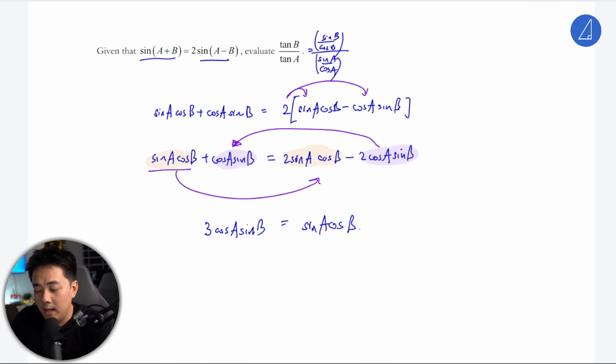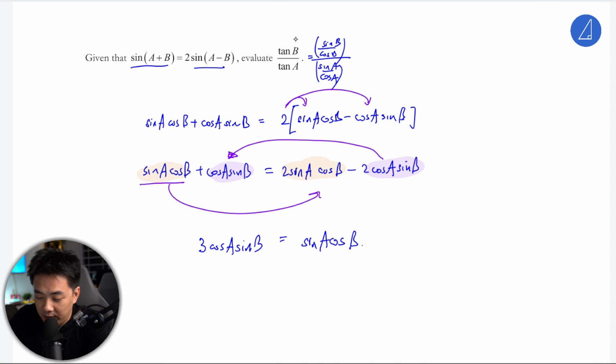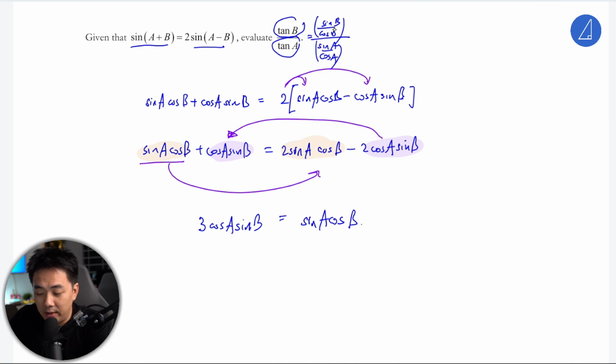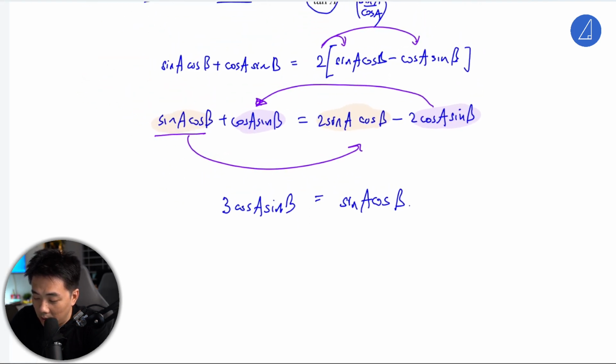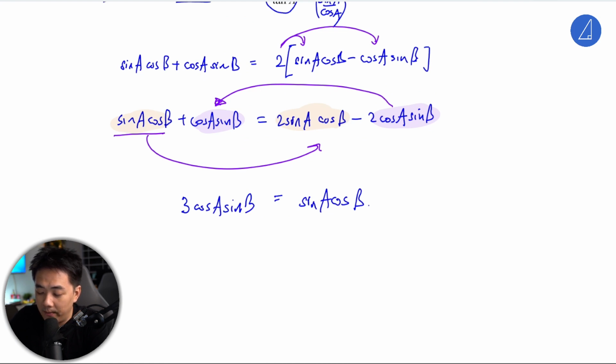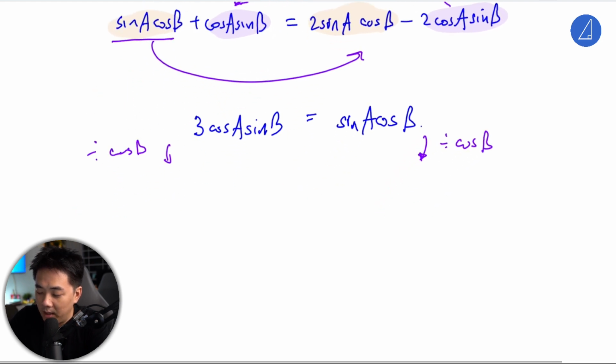Now what we need here is essentially tangent B over tangent A. It looks difficult, but don't worry. Tangent B is sine B over cosine B. So to get tangent B, we have sine B here. Do you see that? I'm going to get tangent B first by dividing by cosine B, meaning this cosine B I bring over to the other side.